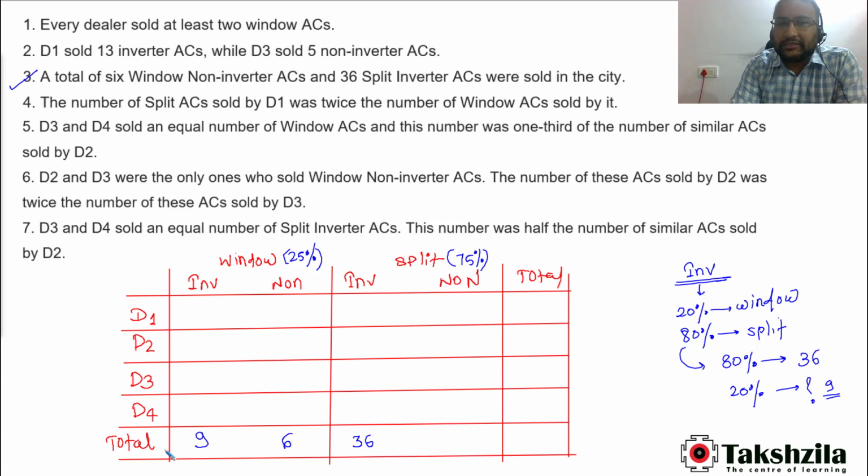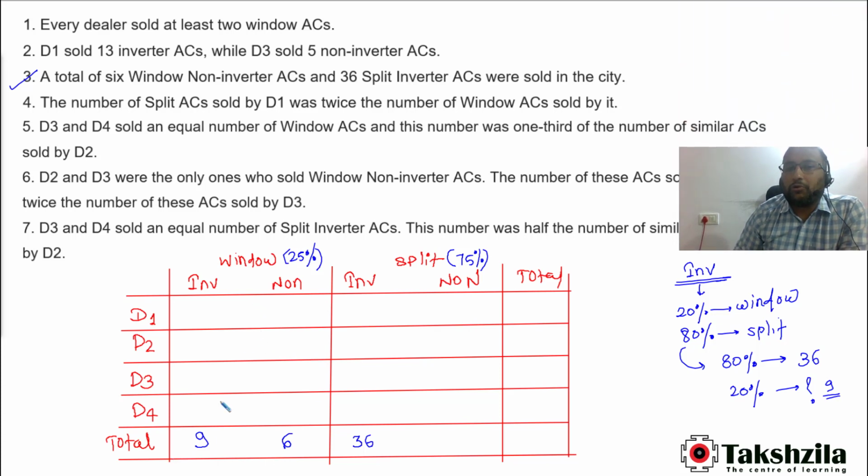After this, let's read the next paragraph, but before that, we can do one more calculation. Total window ACs sold are 9 plus 6, which is 15, and this represents 25%. Now the split ACs are 75%.